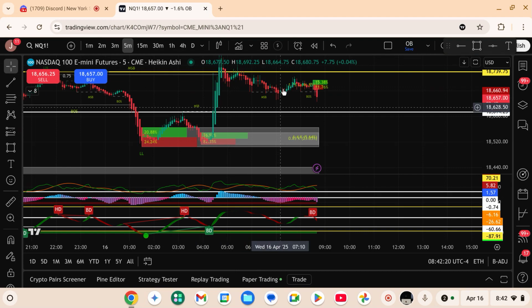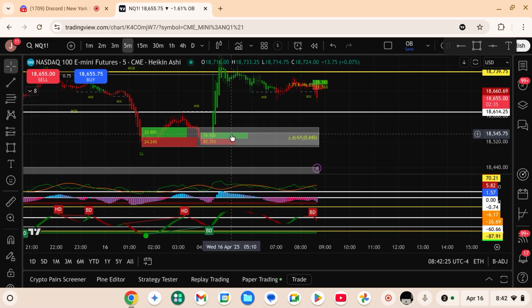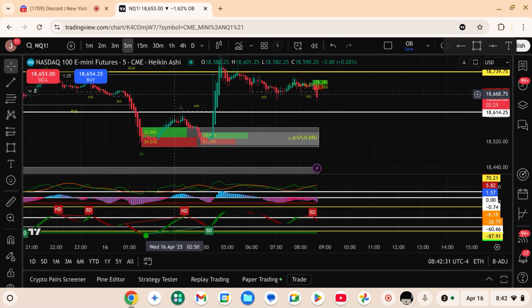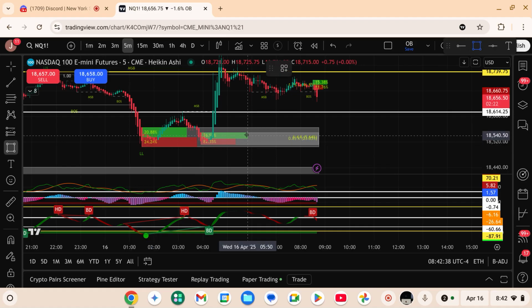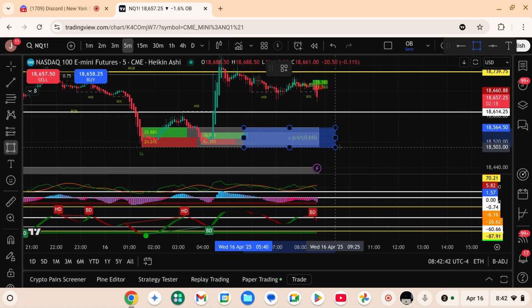So we'll draw this. Now we only need to draw this order block up. Actually, yeah, let's do that. Let's look at the 5 minute. Let's put a rectangle around this. This here.